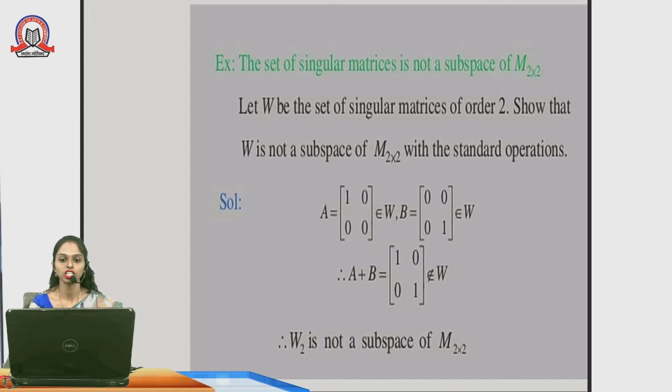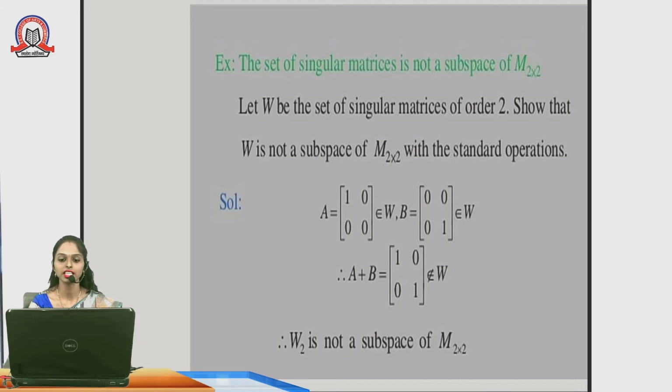The set of singular matrices is not a subspace of 2 cross 2 matrices. Let W be the set of singular matrices of order 2. Show that W is not a subspace of 2 cross 2 matrices.